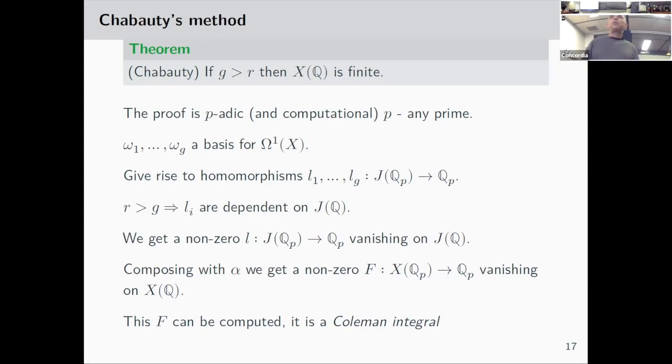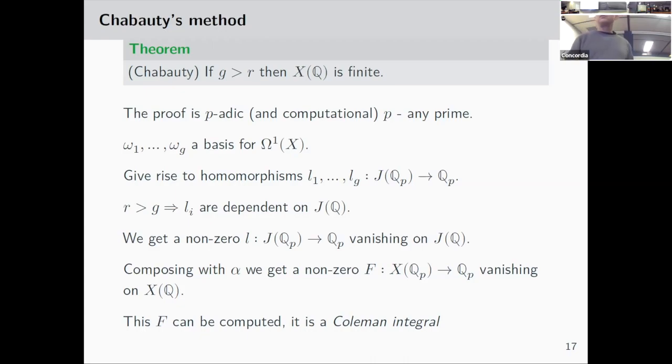So I take the point in X(Q_p), subtract the fixed point X naught, and I apply this L, and I get a function into Q_p, and this one's going to vanish on X(Q). So you need some data about this function that is nicely behaved, but it's really a local p-adic function. It's even what's called a Coleman integral. Okay, so that's, in essence, the proof.